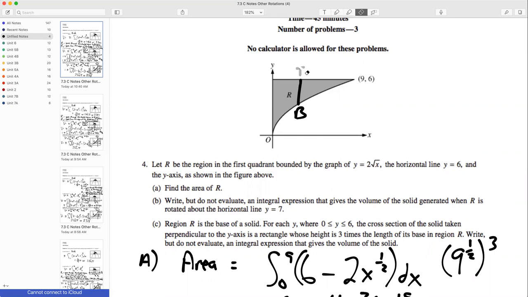Okay. Let me erase that real quick. Drawing the line y is equal to 7. So I am taking the shaded region and I'm rotating it about the line y is equal to 7. The shaded region is not flush against the axis of rotation, and the axis of rotation is not the x-axis. So this is a problem like what we just learned.